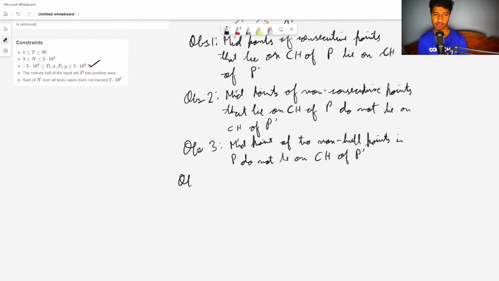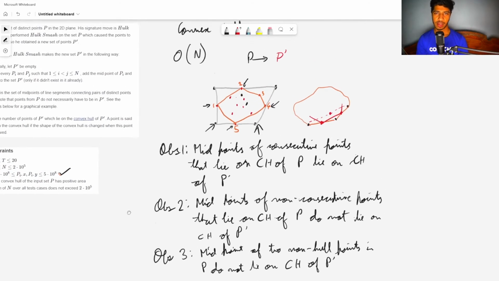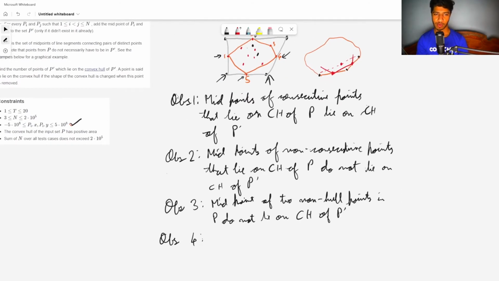And the final observation, the most difficult one. So you can see there are more points, right? So from these three observations, you can only make out what the points in P dash that lie on the convex hull are. Only the midpoints of the consecutive hull points of P? No, right? There are more points.